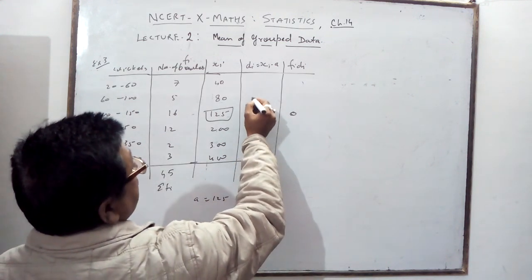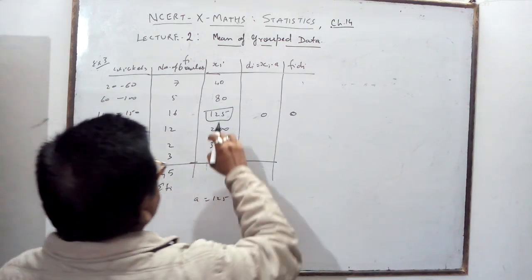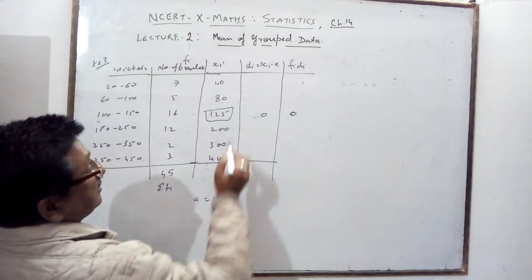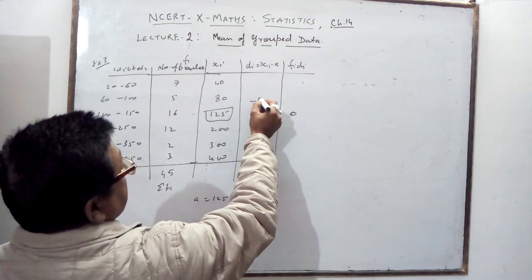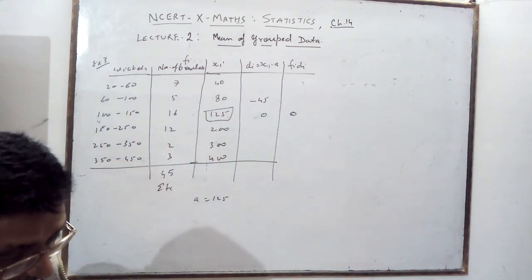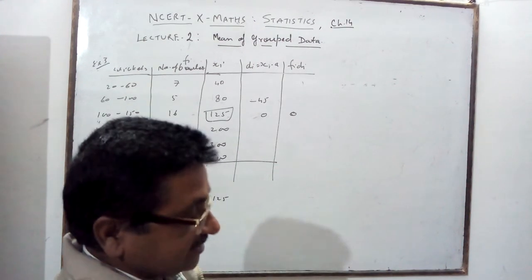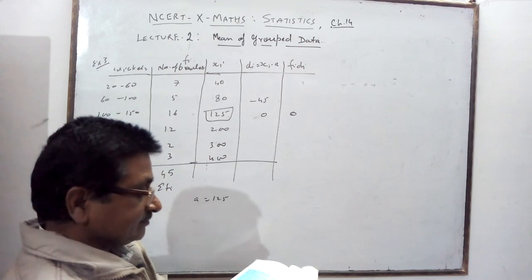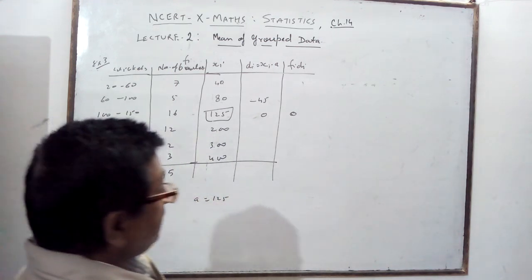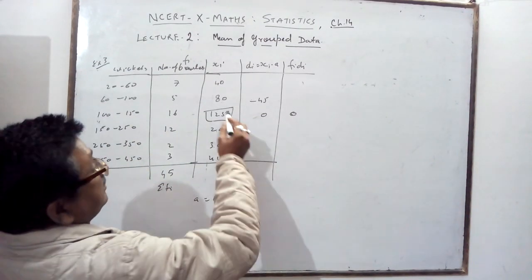It means here you will get, but you don't write direct 10, 20, 30. Here it will be subtracted. x_i minus a: 40 minus 125, 80 minus 125. You can't write directly. You will get d_i by subtraction. So subtract x_i or a or anything, whatever you want to get, big number or small number.